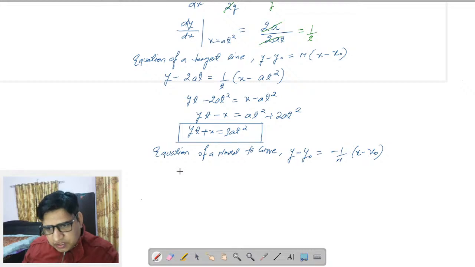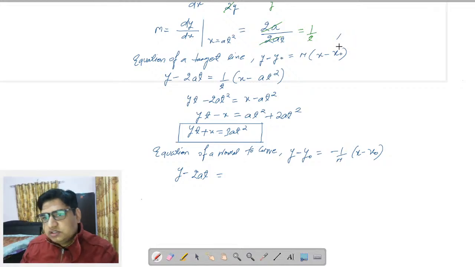We'll substitute the values into it. Here y naught is 2at, and m is equal to 1 upon t, so the slope of the normal to the curve will be minus t. So that will be y minus 2at equal to minus t times (x minus at square).